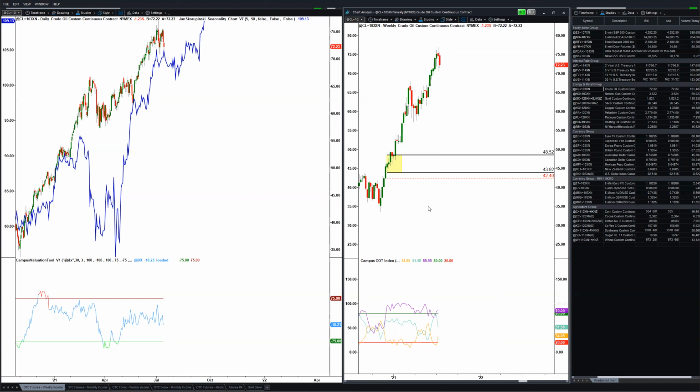So now, what's the smallest increment move? It moves in cents, right? If you place an order on crude oil, you would see it moves from 52 to 53, 54, 55, 56, 60, 61, 62, and so on. So what you now do, it's very simple. You do 48.52 minus 42.4, right?